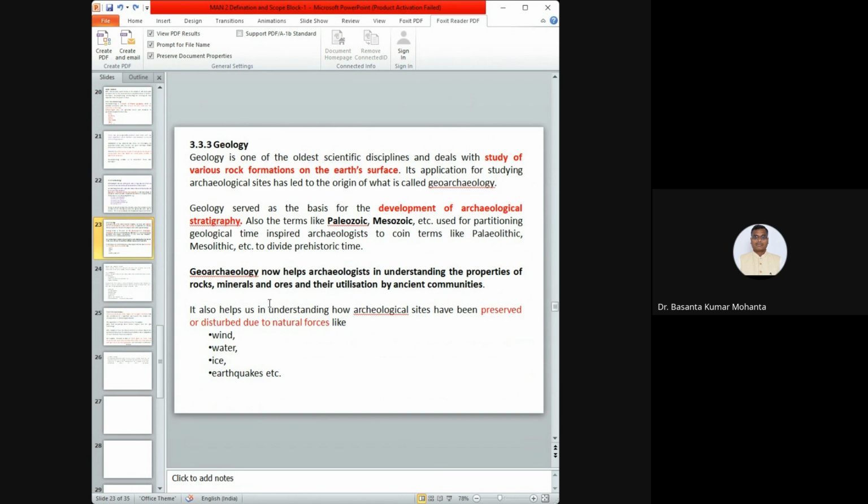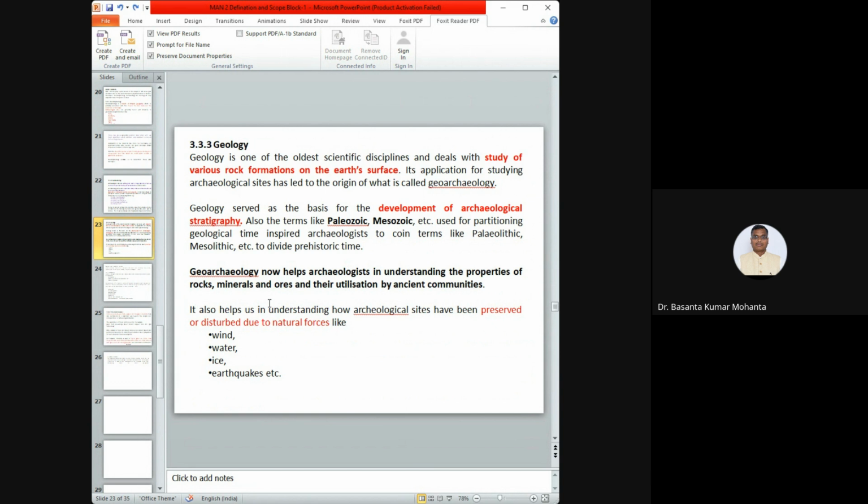So the type of stone and its formation is very important in archaeological study. Geology helps us in the development of archaeological stratigraphy, the formation of rocks, formation of minerals, their time period, their chemical composition, their physical properties, etc.